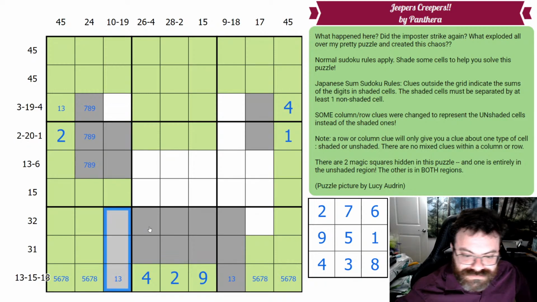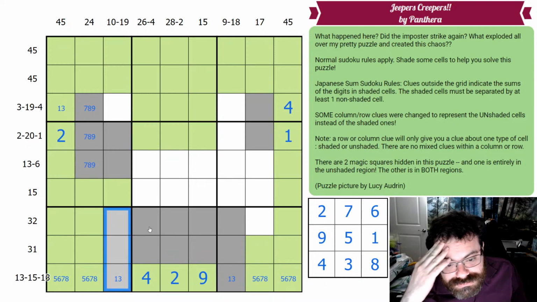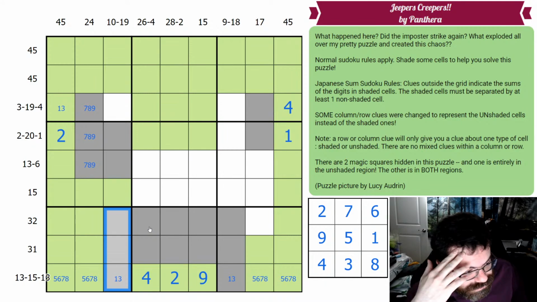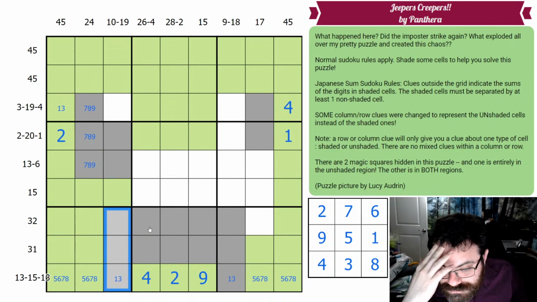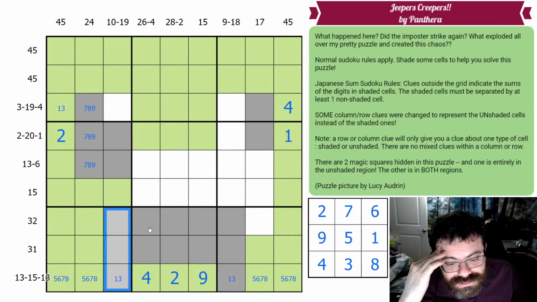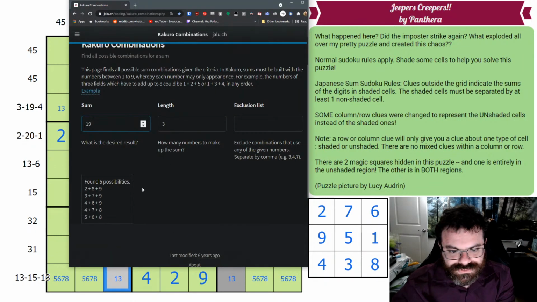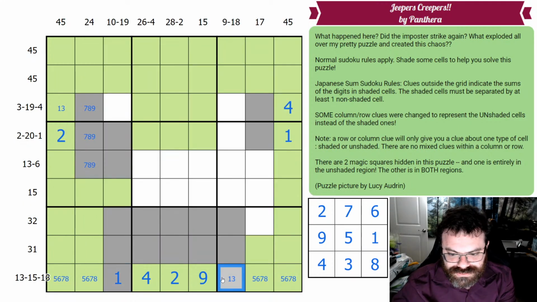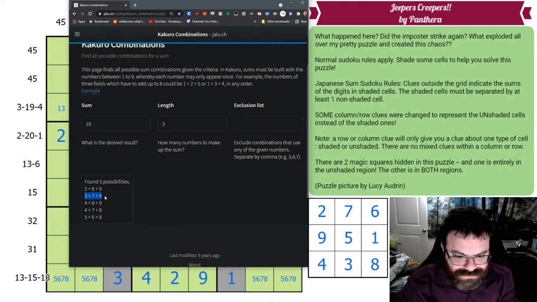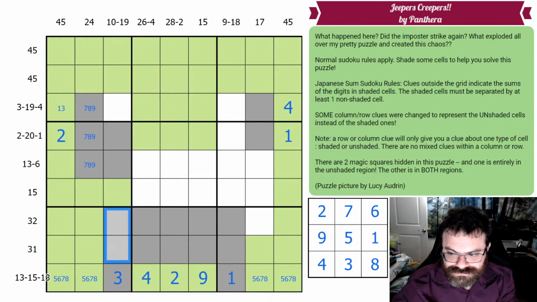Yeah, it's 3 long. But we know it's exactly 3 long now. 19 and 3. I can't use a 1. So this is the 1 and this is the 3. Other way around. Alright. And then we're 3, 7, 9.